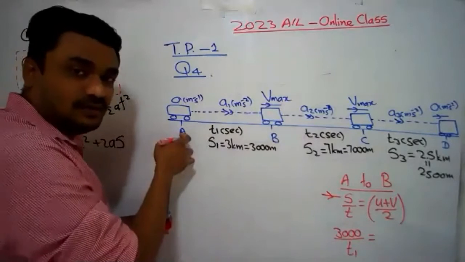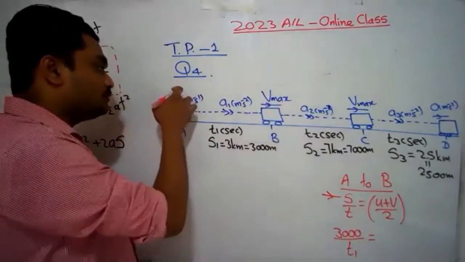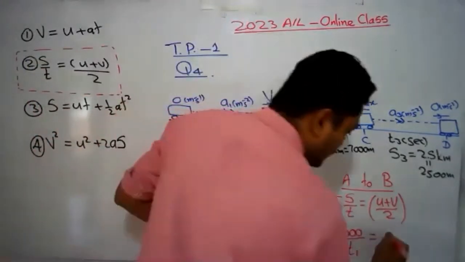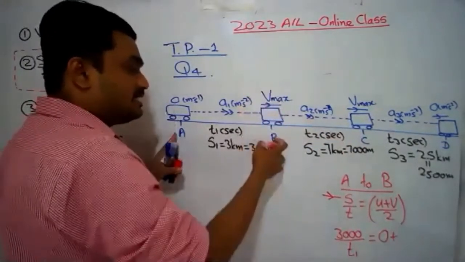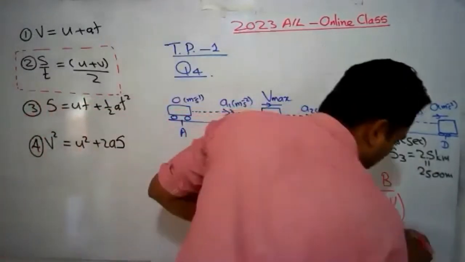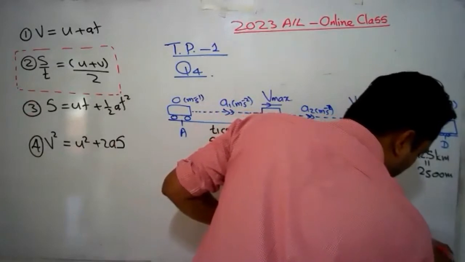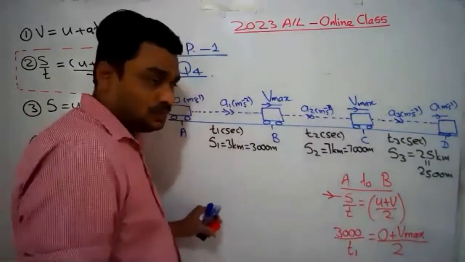U is the initial velocity. It is the velocity at the point A, that is 0. V is the final velocity. When we consider the AB section, velocity at B is the final velocity, that is Vmax. Everything divided by 2. Got it?